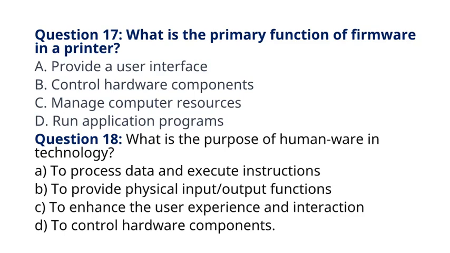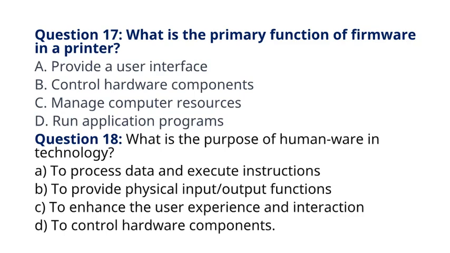Question 18. What is the purpose of humanware in technology? A. To process data and execute instructions. B. To provide physical input-output functions. C. To enhance the user experience and interaction. D. To control hardware components.